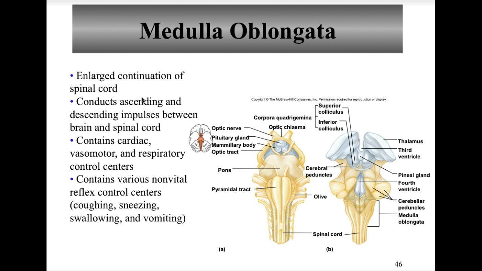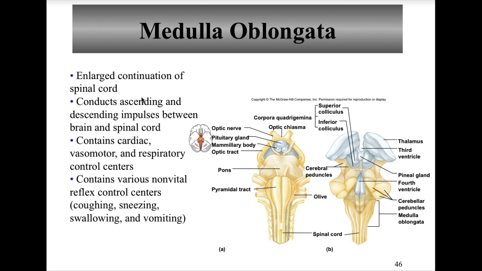You have the vasomotor center, which is going to regulate blood pressure, BP, by acting on smooth muscle in the walls of the peripheral arterioles, that is vasoconstriction. And vasoconstriction is going to have blood pressure increase, and vasodilation will have blood pressure decrease.